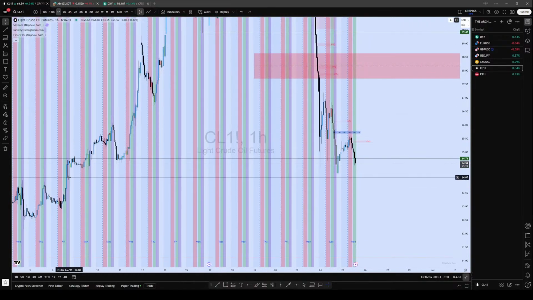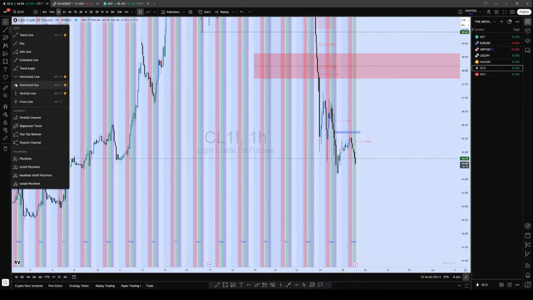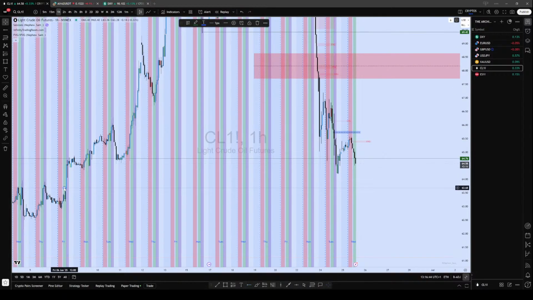And in terms of targets, I think they've already touched this, so the next target will be this candle's high, 63.68. That's the next downside objective.